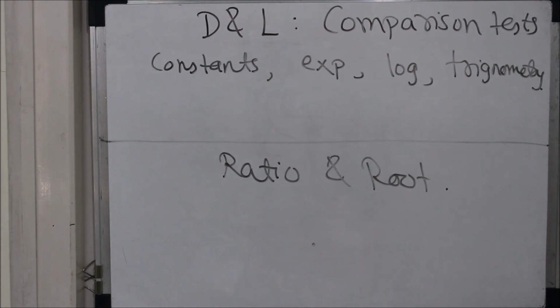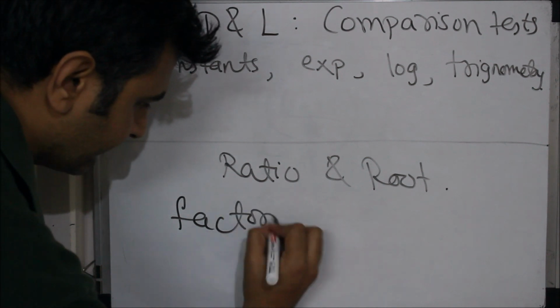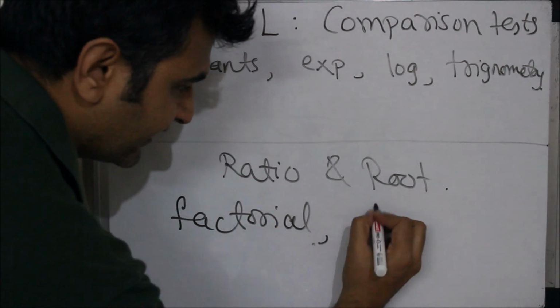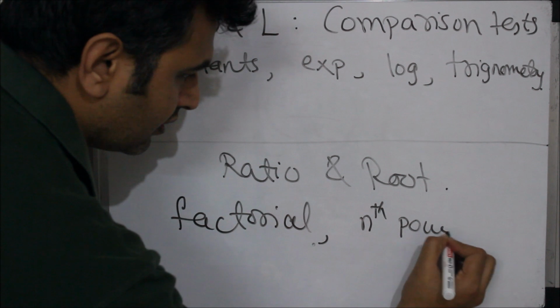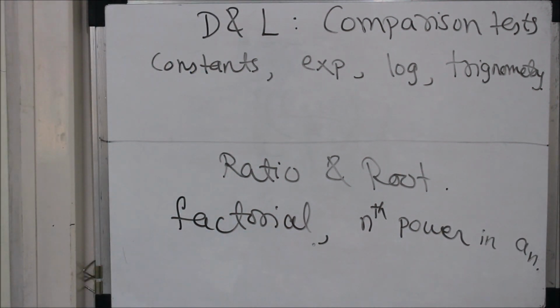That b_n will work most of the times, and then you can apply direct or limit comparison test. Whatever b_n you have got, if you are able to compare with a_n, then use direct comparison, and if you don't know which one is bigger or smaller, apply limit comparison test. And whenever you see factorial or an nth power in a_n, then my suggestion will be to apply the root or the ratio test.